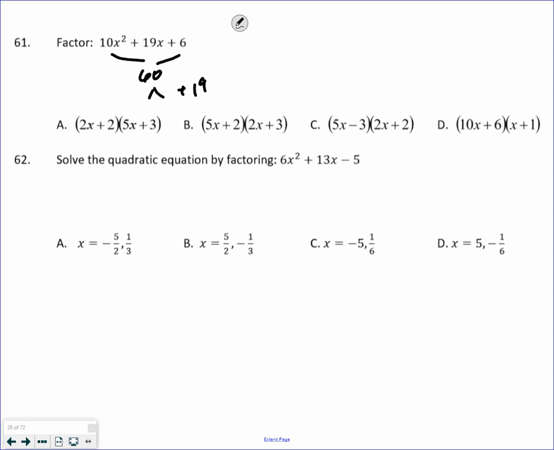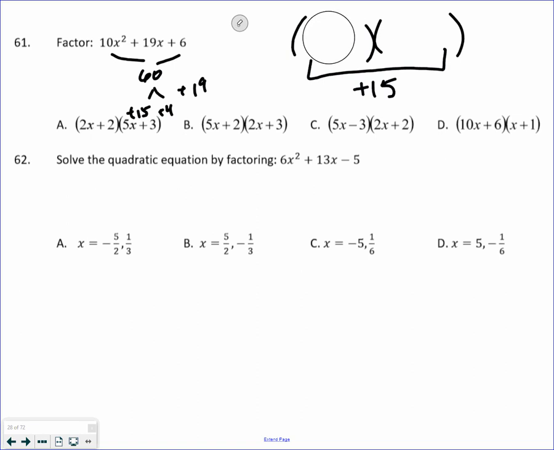15 and 4 is the correct answer. So here's my parenthesis. Remember I said positive 15, positive 4. So I'm going to set the outer as one of those two. Let's do 15 again. So I need a factor of 10 here, and then a factor of 6 here.